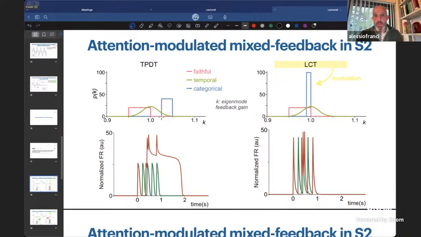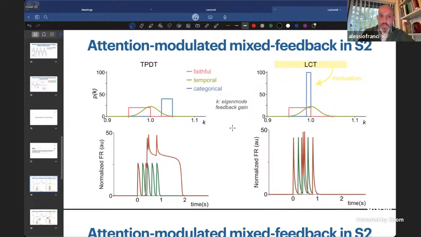And a simple way of understanding what attention is doing in the somatosensory cortex is literally by reducing the positive feedback gain for categorical eigenmodes in S2 recurrent dynamics.